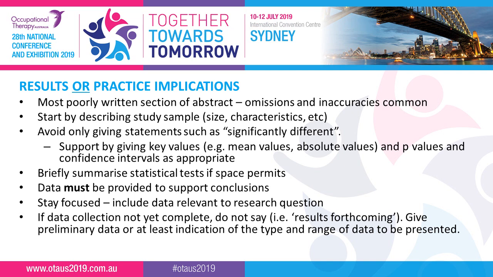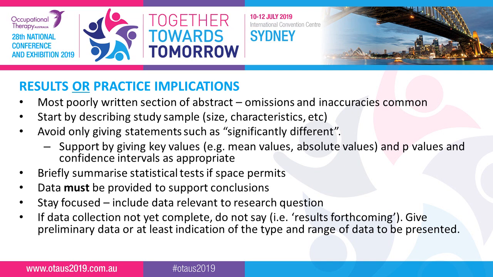So if possible, you should give some preliminary data and say initial analyses have demonstrated that, or suggest that. Or if you don't have any initial results, then at least an indication of the type and range of data that will be presented so that people will have a better understanding of what they are going to see, and make sure that what's included in your abstract is actually presented when we get to the conference.